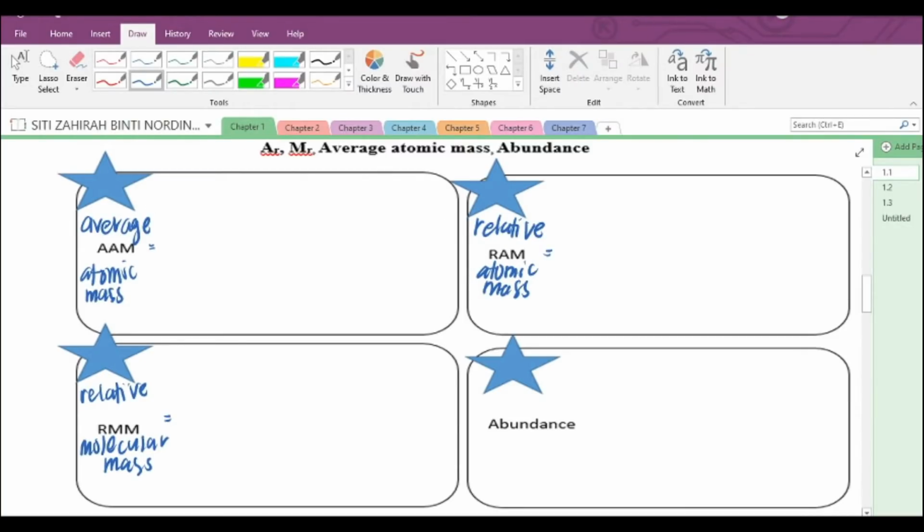So the formula for AAM would be the sum of QM over the sum of Q. Q is the abundance of your isotopes and M is the mass of your isotope.